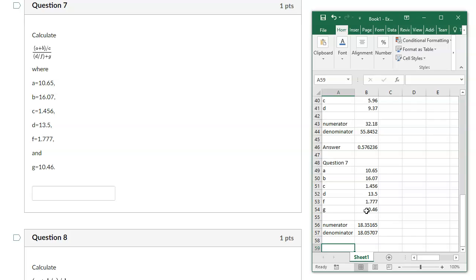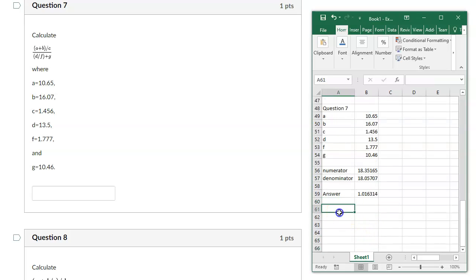And now the answer is going to be my numerator divided by my denominator. Okay, and moving right along, question 8.